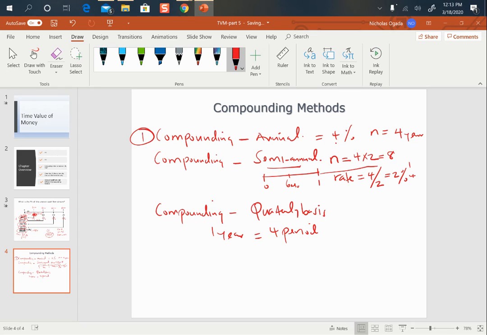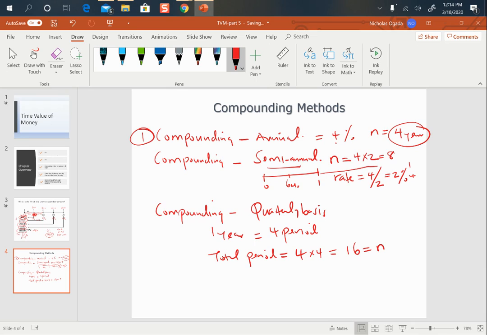So the total number of periods is 4 years times 4 periods per year. Your total periods will be 16, and this will represent what your N will be.